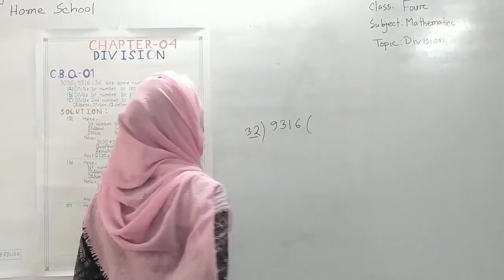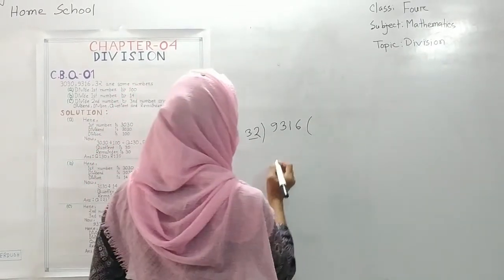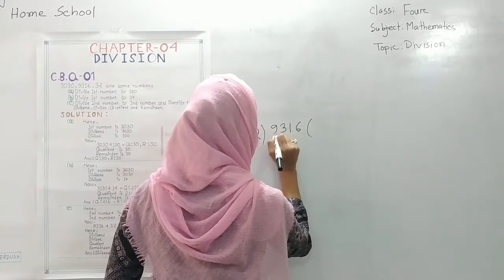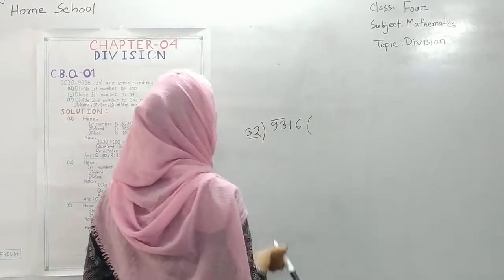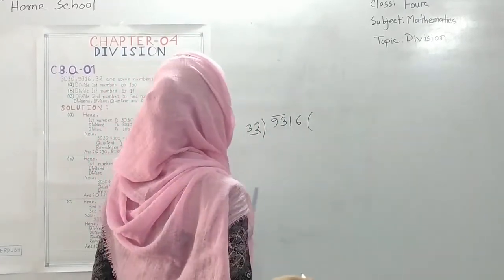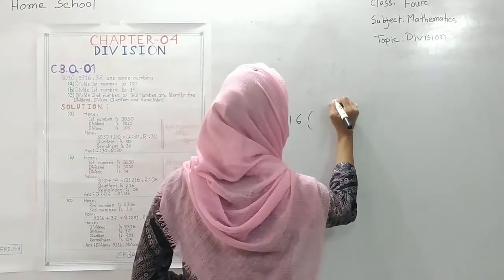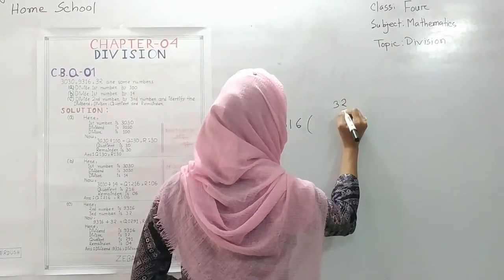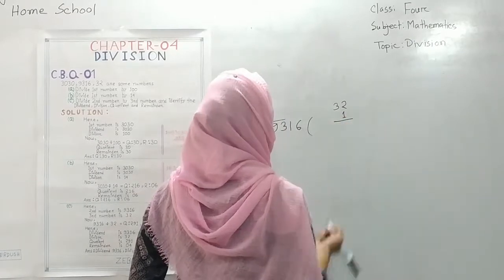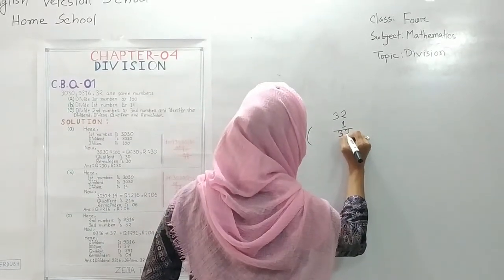As 32 is a 2 digit number, we have to take 2 digits of our dividend, that is 93. Then we go to the multiplication: 1 times 32 equals 32.